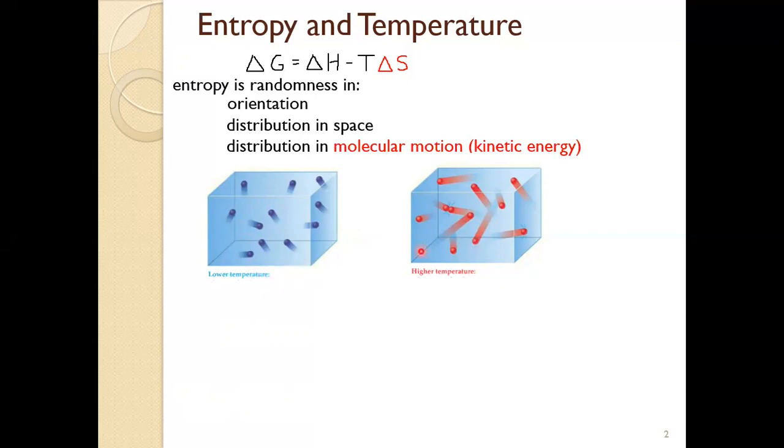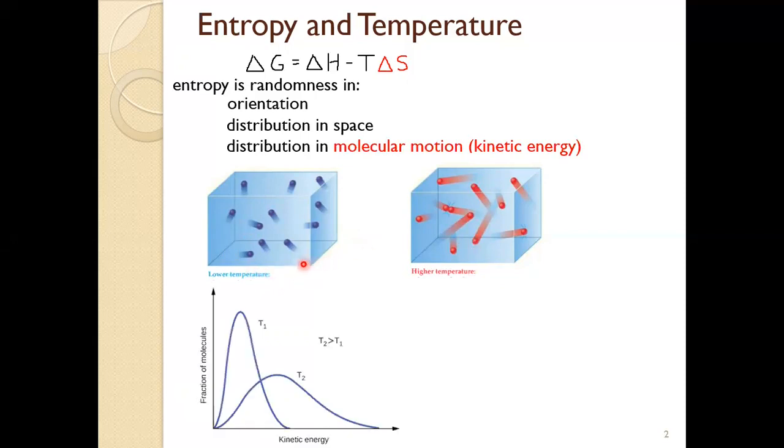But there's another difference here, and that difference is not only in their average speeds, as we can see here, that at lower temperature, on average, the kinetic energy is lower than that of the same substance at higher temperature. But also notice that not only does the average change, but also the distribution of these kinetic energies, the distribution of these speeds, also changes. In particular, at higher temperature, this distribution of kinetic energy increases.